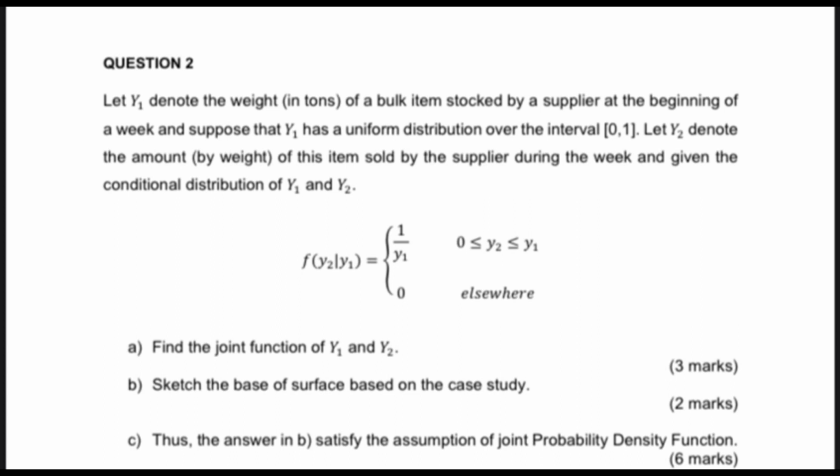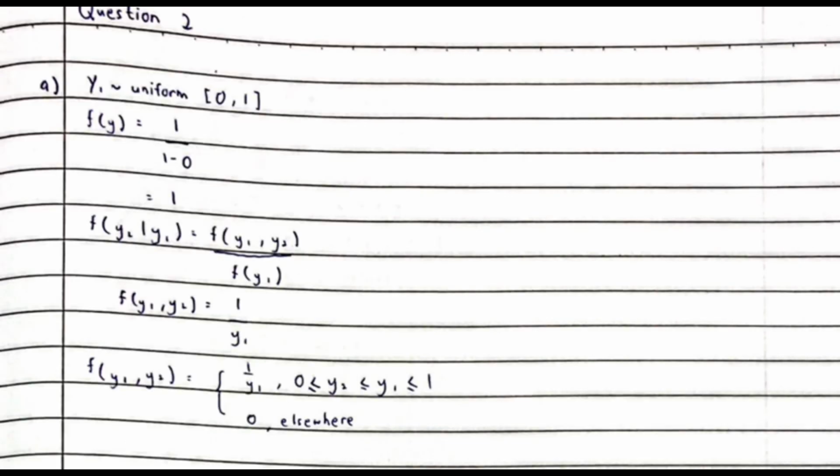Question A: find the joint function of Y1 and Y2. To find the joint function, I note that Y1 is given as uniform on 0 to 1, so I calculate it and get 1, and I use the formula of f(y2|y1), so I get 1 over y1.